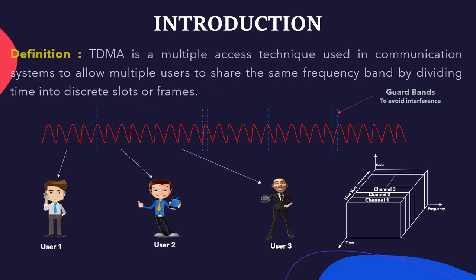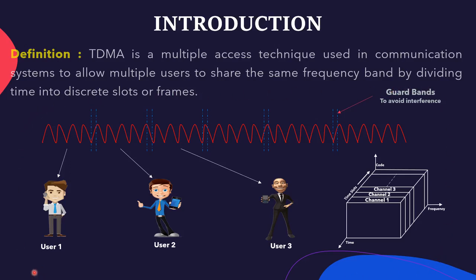Introduction of TDMA. By definition, TDMA is a multiple access technique used in communication systems to allow multiple users to share the same frequency band by dividing time into discrete slots or frames. In order to understand this concept further, here I prepare a graphical representation of TDMA.